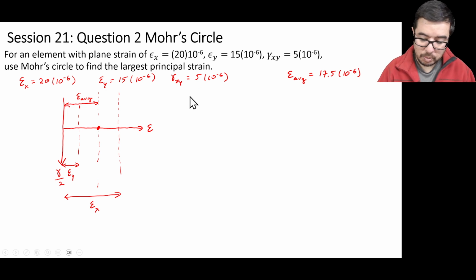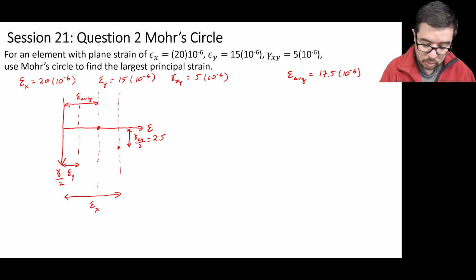So gamma over 2 is going to be equal to 2.5. It's positive, so gamma xy over 2 is going to be 2.5, like that.